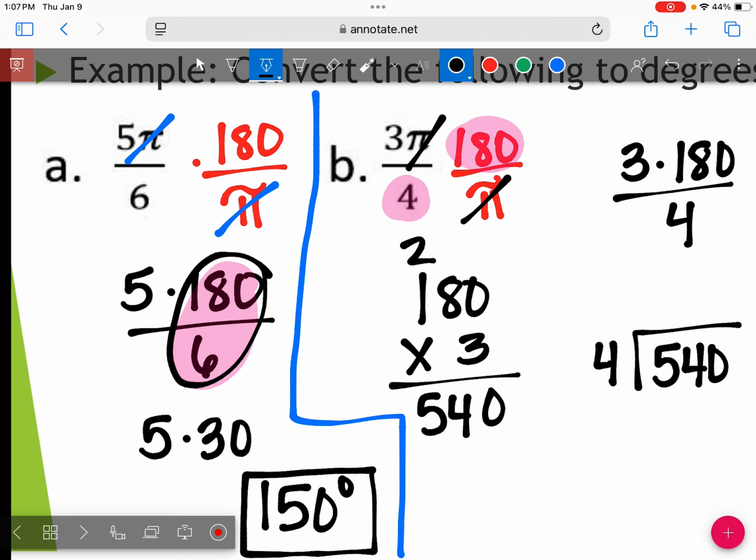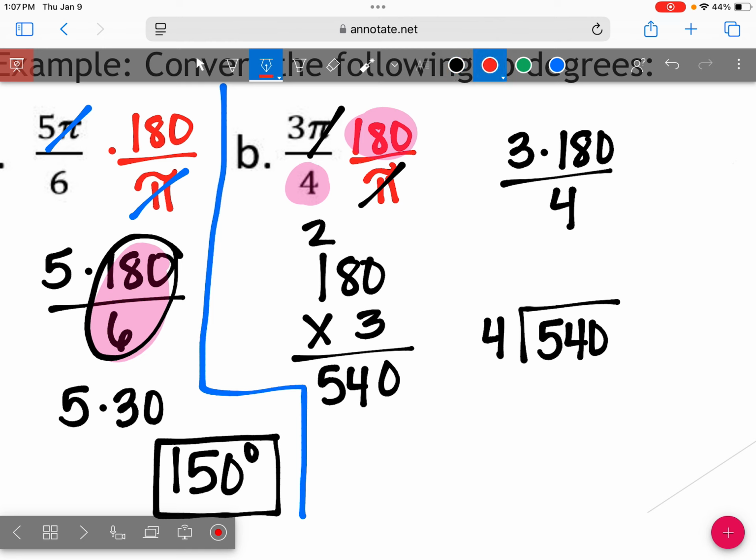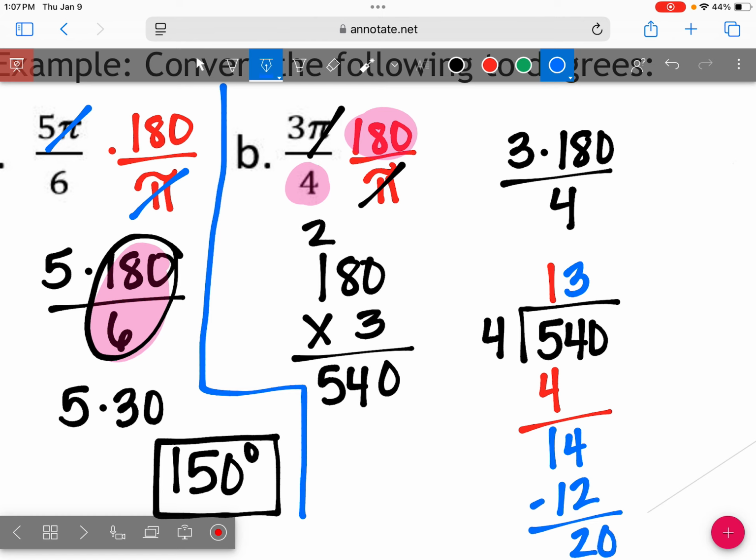So I already multiplied by 3. Now I'm going to divide the answer I got by 4. So figure out how many times 4 goes into 540. Four goes into 14 3 times. 4 goes into 20 5 times. So 135 degrees would be my answer.